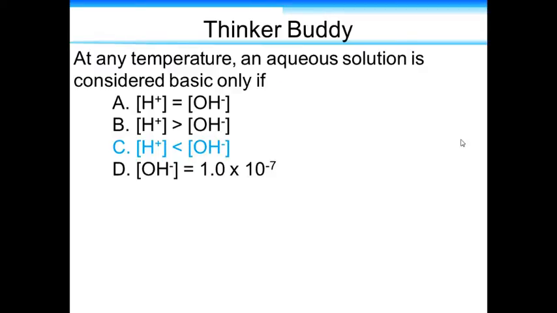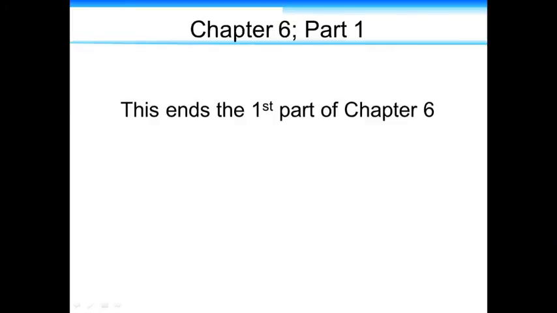C is correct. The H+ concentration has to be less than that of the hydroxide concentration. This ends the first part of Chapter 6 lecture.